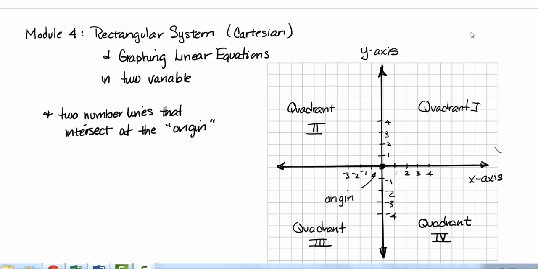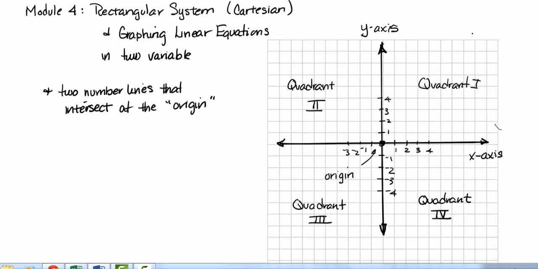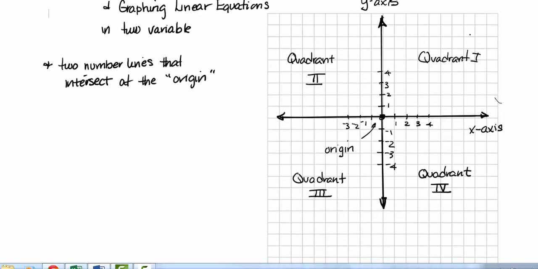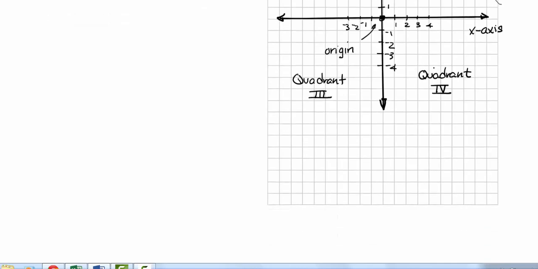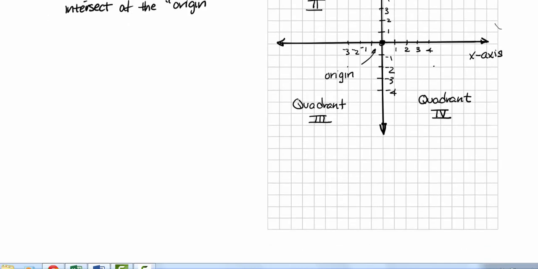So some of you may remember having played a game called Battleship, right? You're always trying to figure out where your opponent's ship was, and you would basically give it a coordinate. Okay, so what we want to do here is we're going to be plotting points in the rectangular coordinate system.